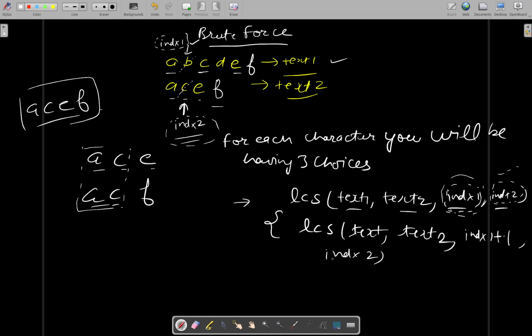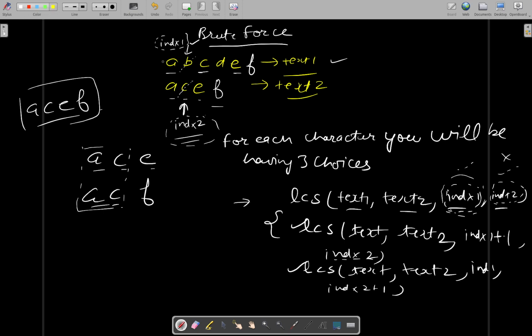Okay, this is one way. Another way that can be there is LCS of text 2. Let's say we decide to take index 1 and exclude this one. So index 1 will be taken and your index 2 will be skipped. Okay, so this was one way, this was another way.